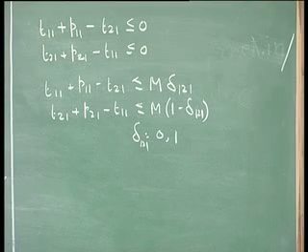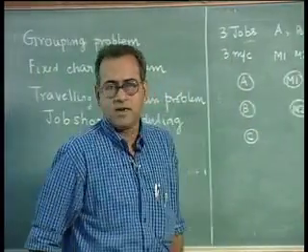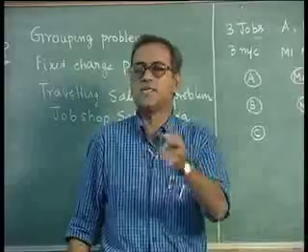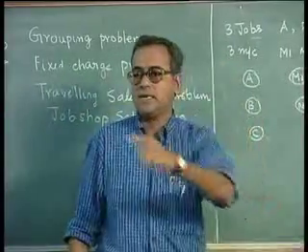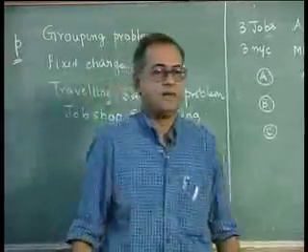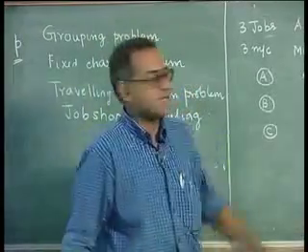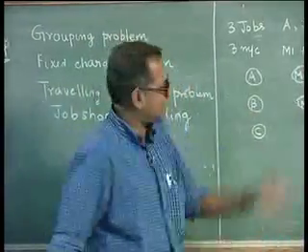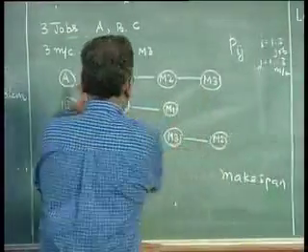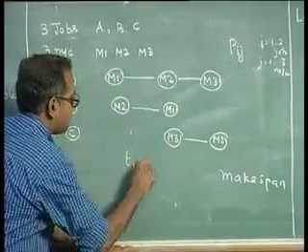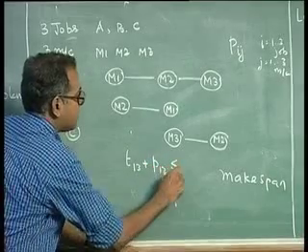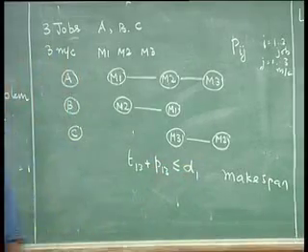And then suppose I also say that if I put a limit on the completion time of each one, I say that job A has to be over by a certain due date, which is called D A, each has a due date or something like that, then that is a very simple constraint. Completion time of job A is nothing but T13 plus P13 should be less than or equal to D1.